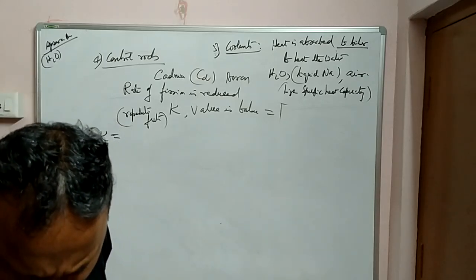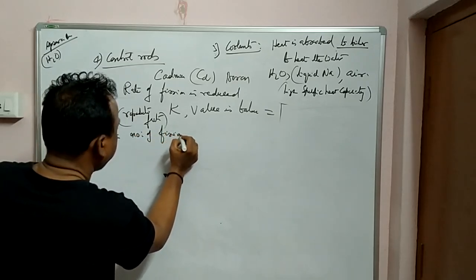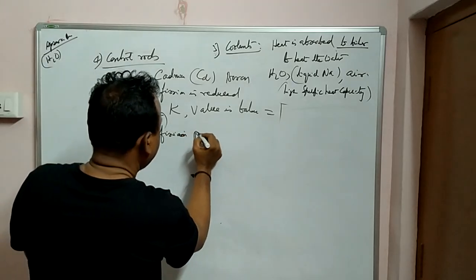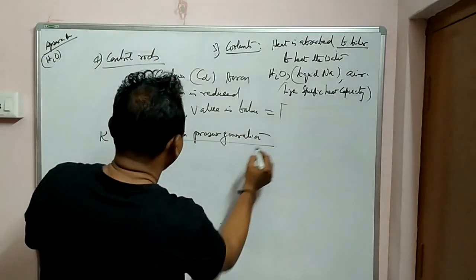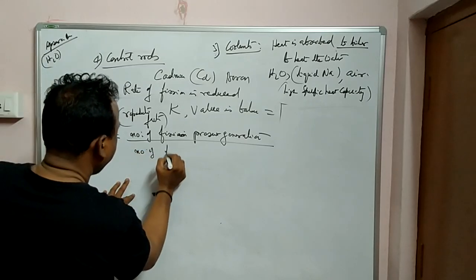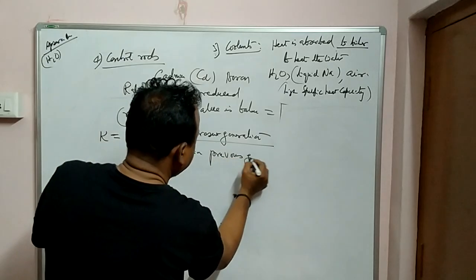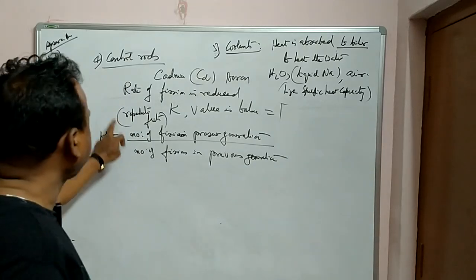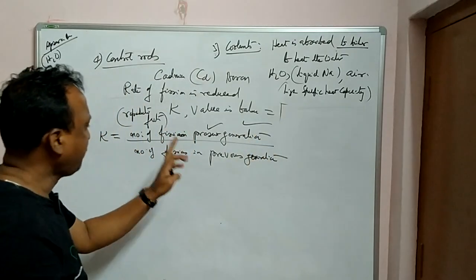K is the number of fissions in the present generation divided by the number of fissions in the previous generation. How can we define the reproduction factor K? It is the number of fissions in the present generation by the number of fissions in the previous generation.